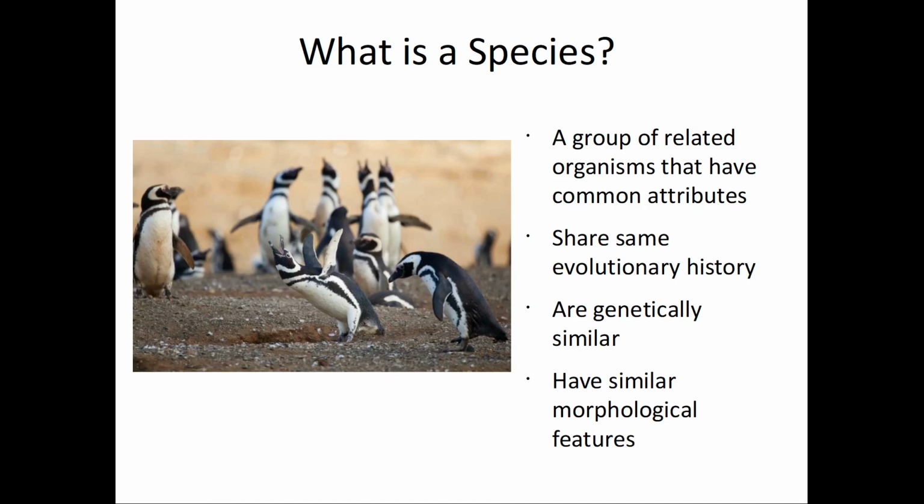So you might think this is kind of a silly question. What is a species? Well, a dog's a species and a cat's a species, and we know that cabbage is different than celery and that sort of thing. It should be pretty simple to define what a species is, but in fact, it's actually quite difficult. And one thing you have to appreciate is that a penguin doesn't know that it's a penguin, right?